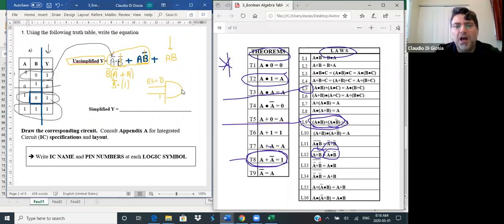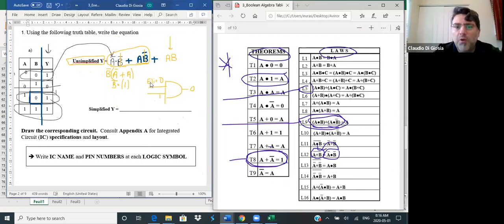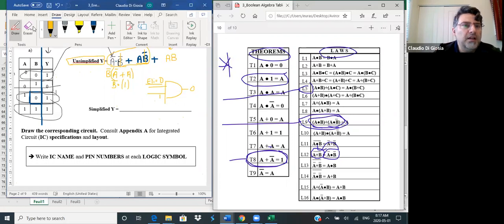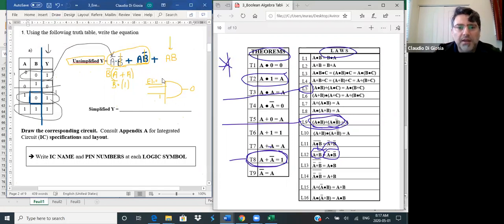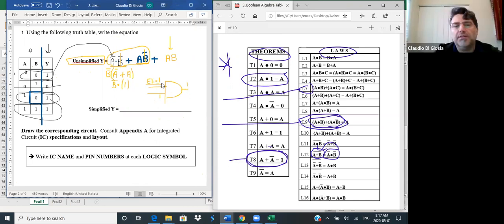So what's the output of an AND gate if I have an input that's 0 and one that's 1? 0. What was Ellie to start with? A 0. What's the output? 0. Now, because you're going to get a lot of sleep this weekend, Monday, you're going to feel like a 1. If you feel like a 1 on Monday, 1 and 1 in the AND gate, what's the output? 1. So whatever Ellie is, that's what the output is.